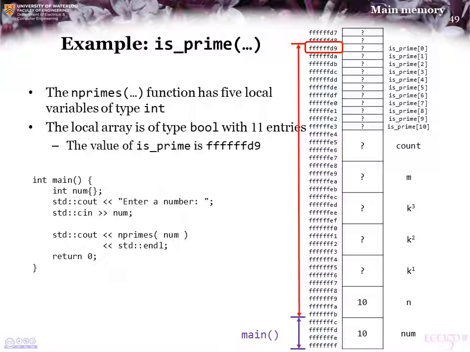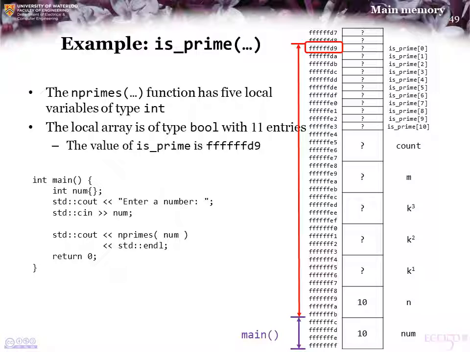In this case, the start of the array to have 11 entries must be at this address here, FFFFFFD9. So if you were to print the array variable isPrime to the screen, this is the address you would see.